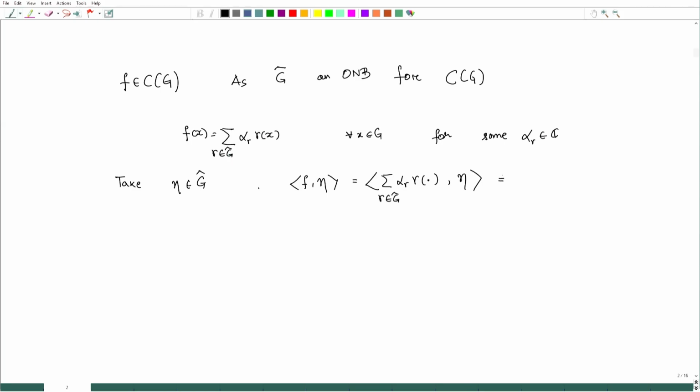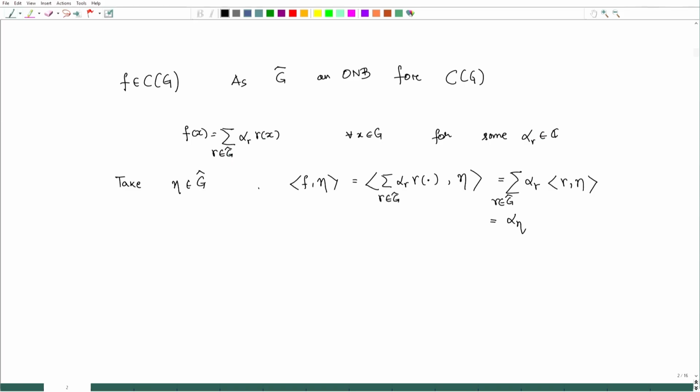It is a finite sum, so we can pull out the sum and also alpha gamma, and then this is the inner product of gamma with eta. Now, we know that the characters satisfy the orthogonality properties. Therefore, this survives only when gamma is equal to eta.